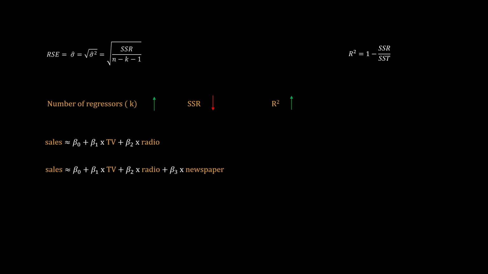That means RSE will go down only if SSR falls relatively faster than the denominator. In other words, RSE will fall if the reduction in SSR more than compensates the penalization effect in the denominator. In our example, RSE in fact increases if we add newspaper to the model, indicating that adding newspaper is not worth it.